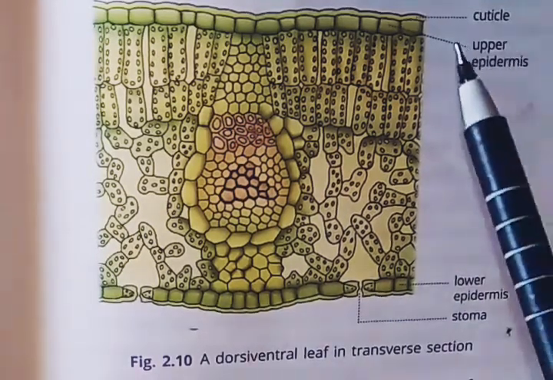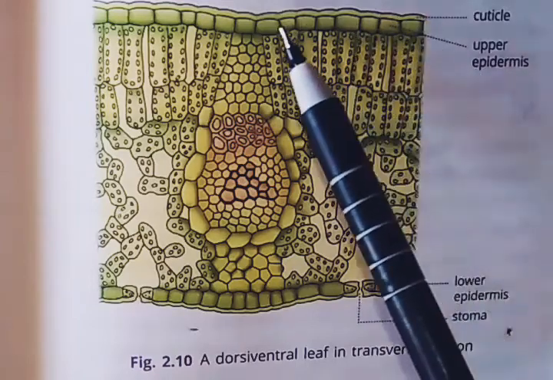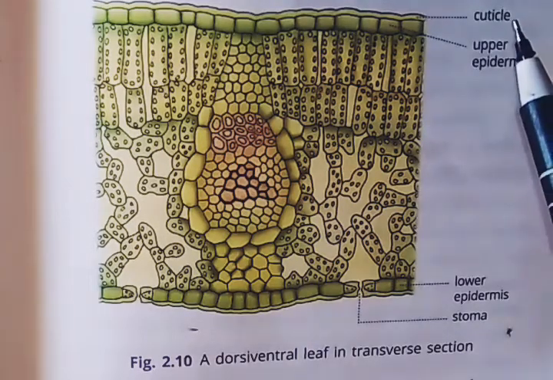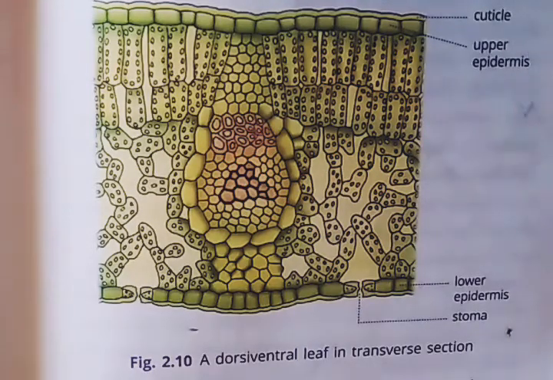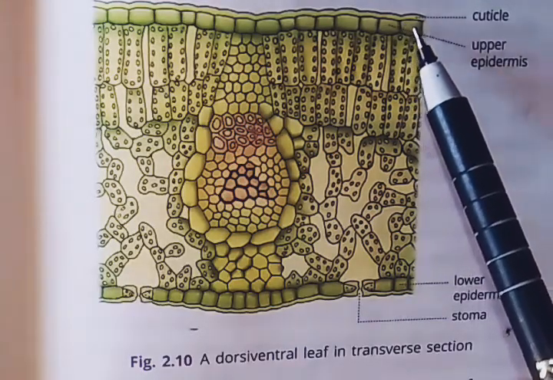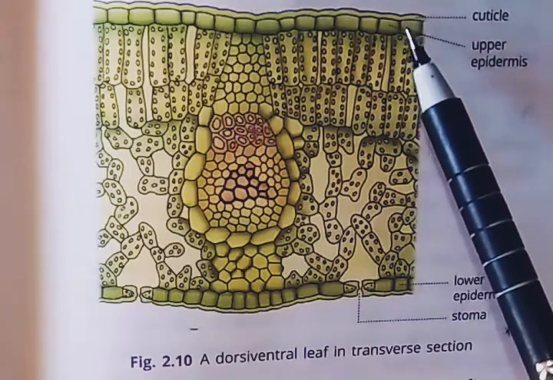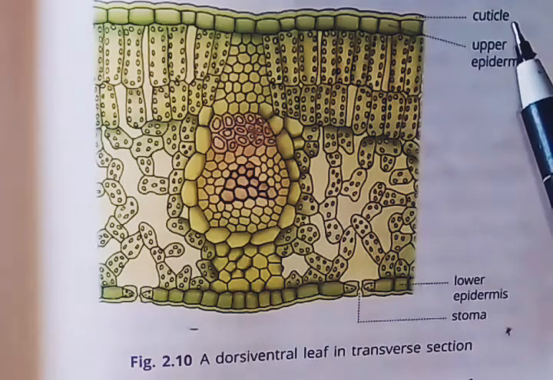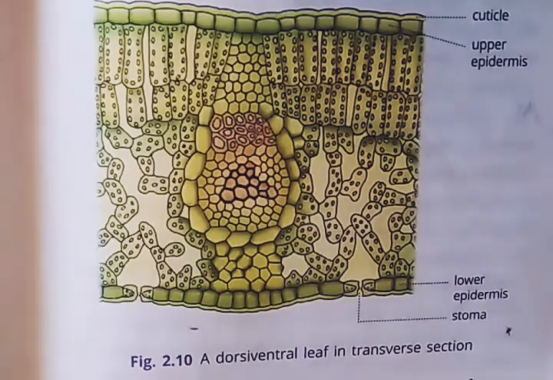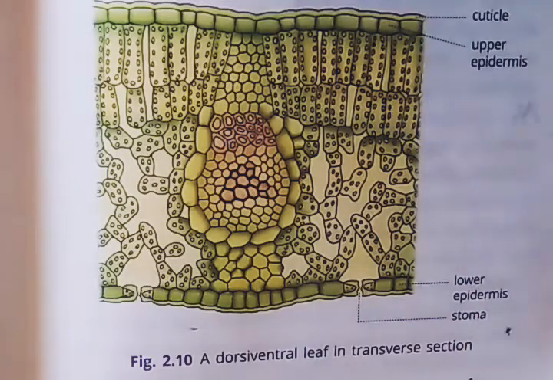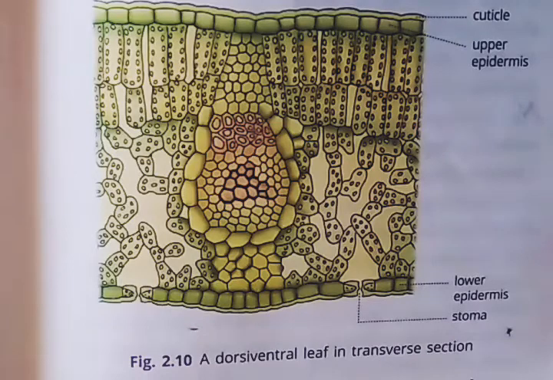On the upper epidermis you can see another thin layer, known as the cuticle. This cuticle is made by the secretion of a waxy substance called cutin by the epidermis. This waxy layer makes a barrier to reduce the loss of water from the leaves.